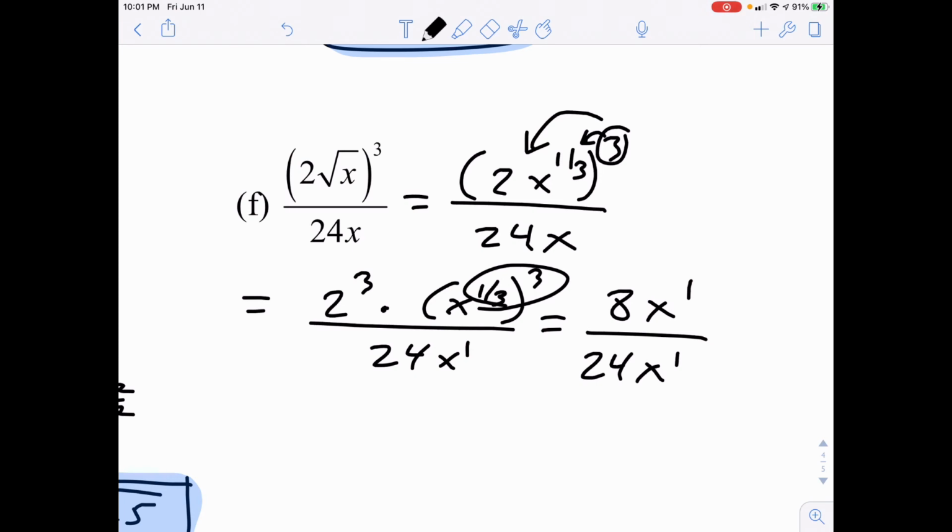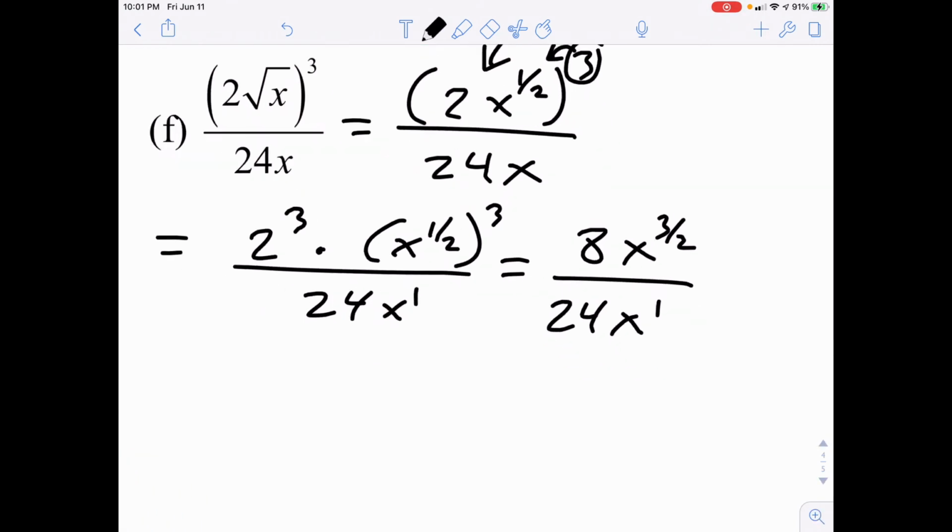Actually, let me backtrack my mistake. That is a square root, not a cube root. Minor mistake there. That makes that 8x to the 3/2 power over 24x.